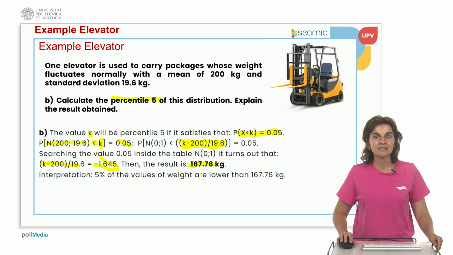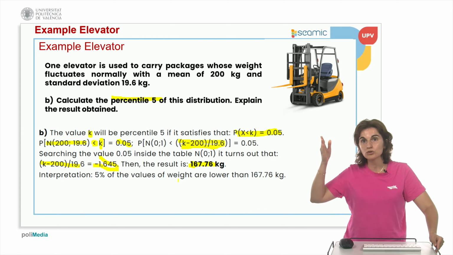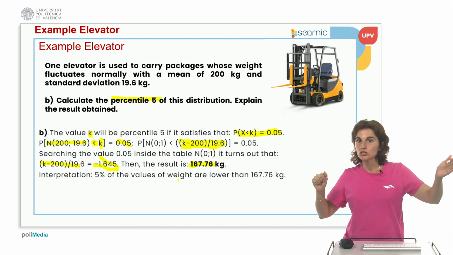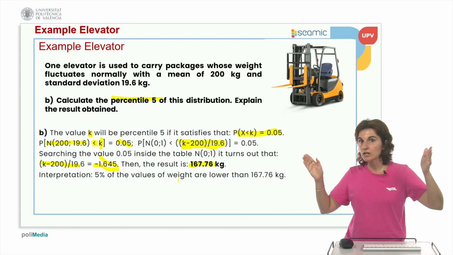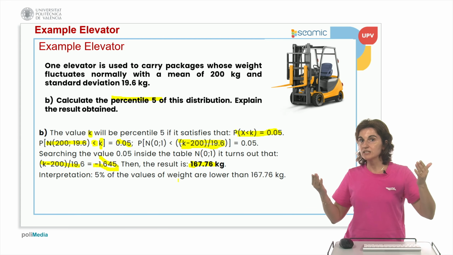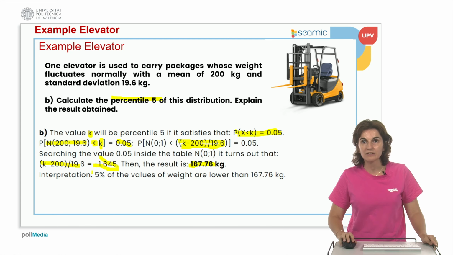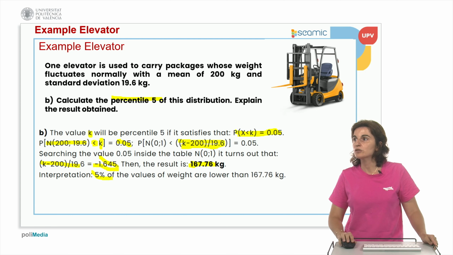Does it make sense? Yes, of course, because the mean was 200 and we are searching the value that's percentile 5, so it must be lower than 200. The meaning of this number would be 5% of values, because it was percentile 5, 5% of values of weight are lower than 165 kilograms.